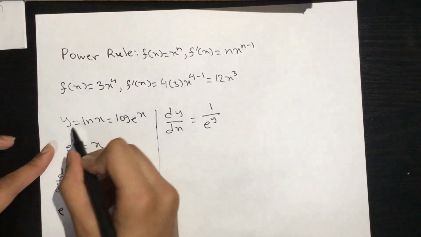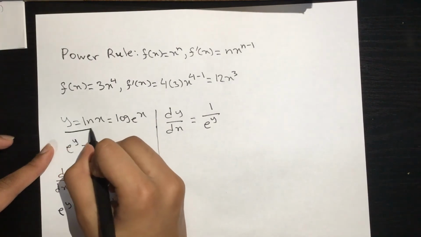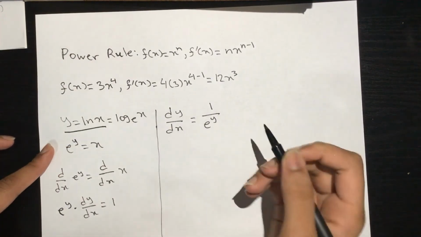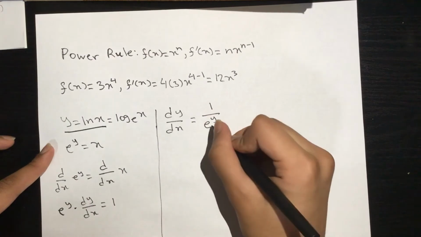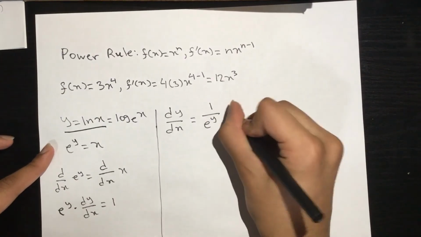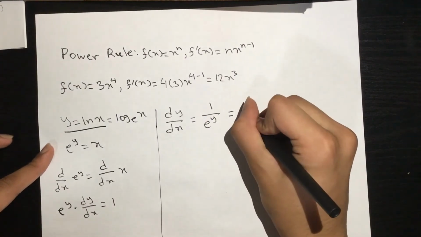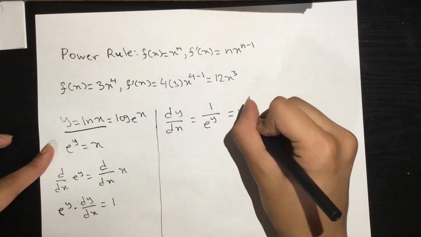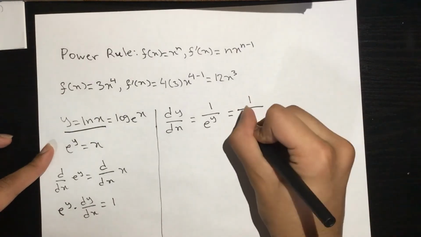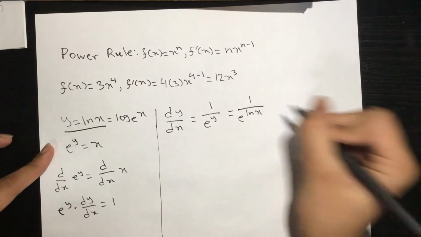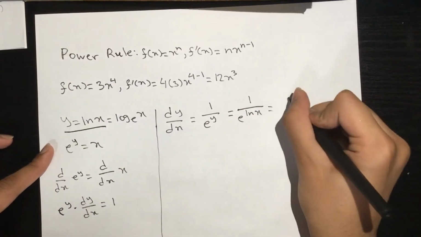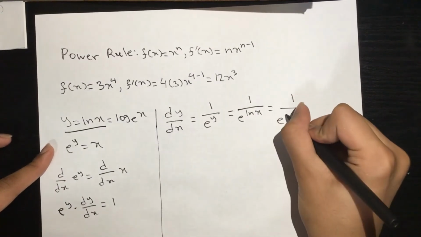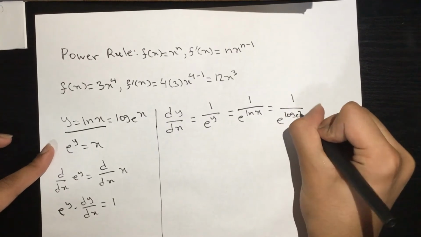But y here is just ln x. So we can plug ln x back into this equation. So we get dy by dx is equal to 1 over e to the ln x, which is equal to 1 over e to the log base e of x.